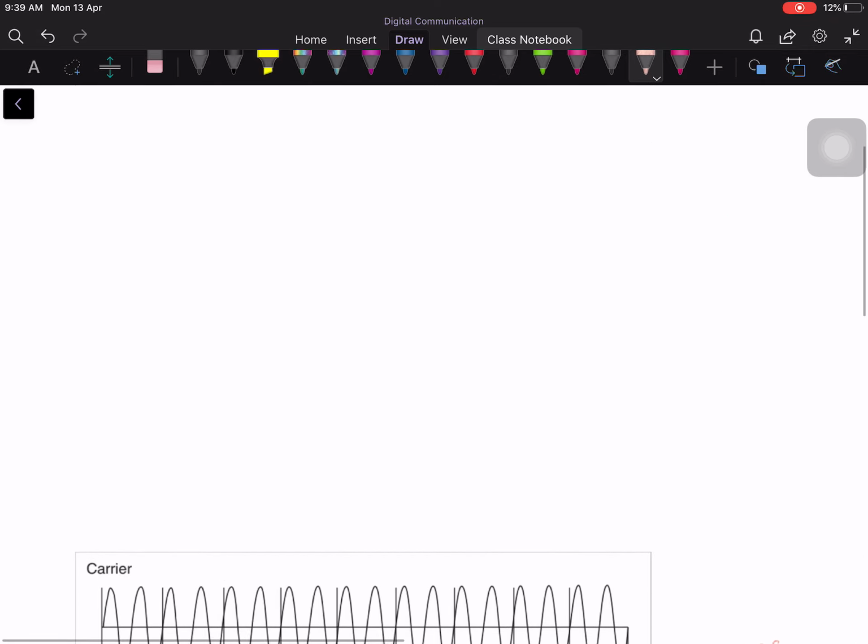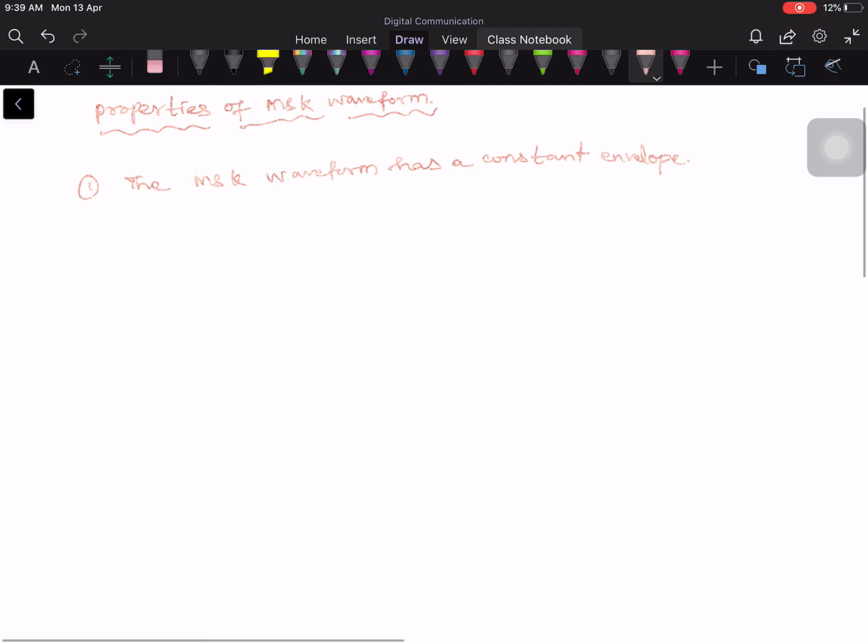We know that the incoming bit stream is divided into two bit streams, one is the even bit stream and one is the odd bit stream. The even bit stream we call the I channel, and the odd bit stream we call the Q channel.